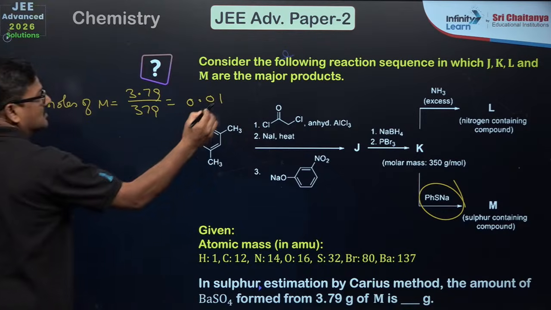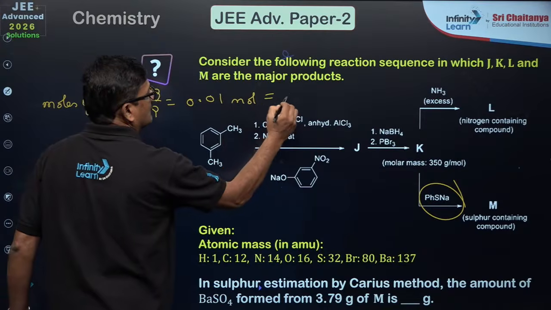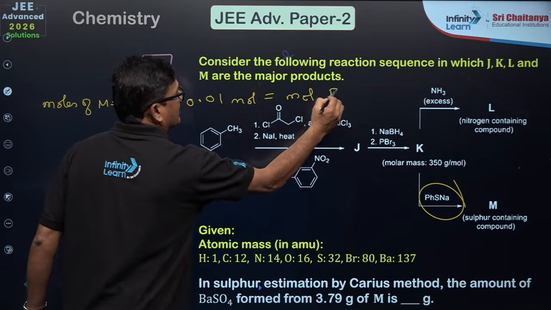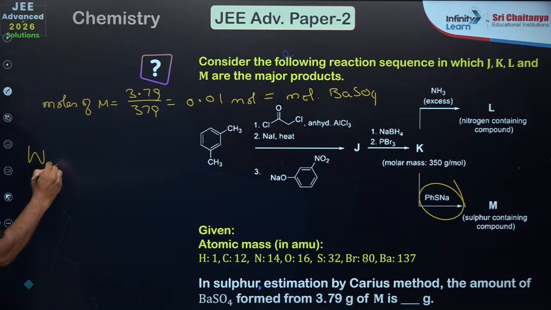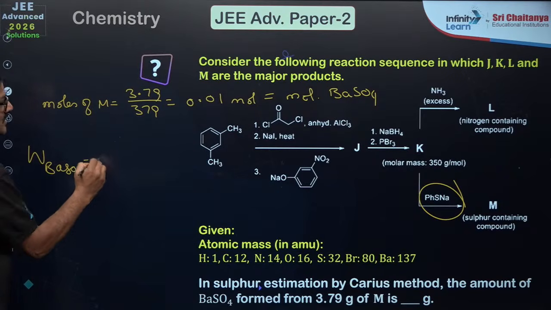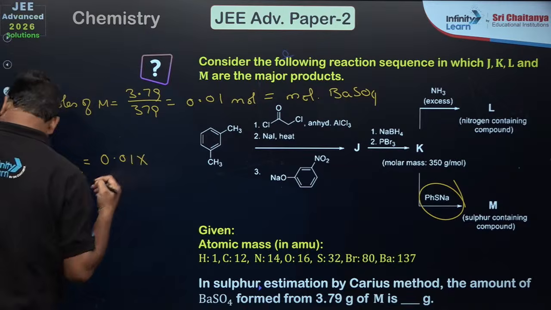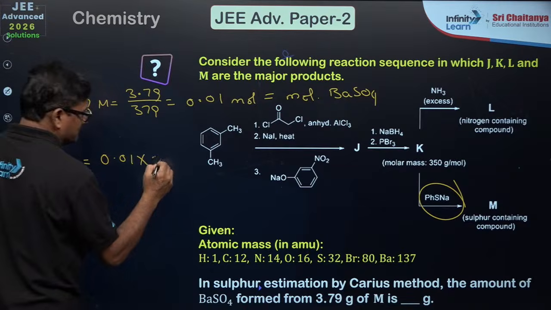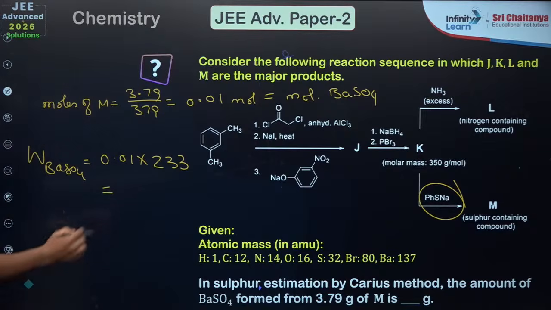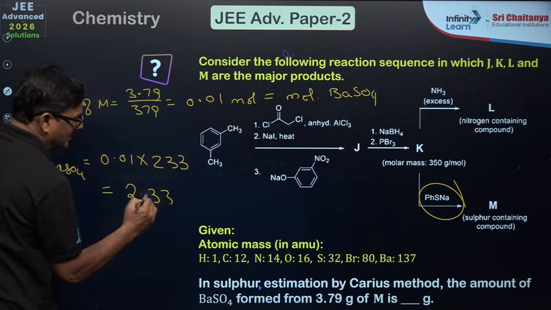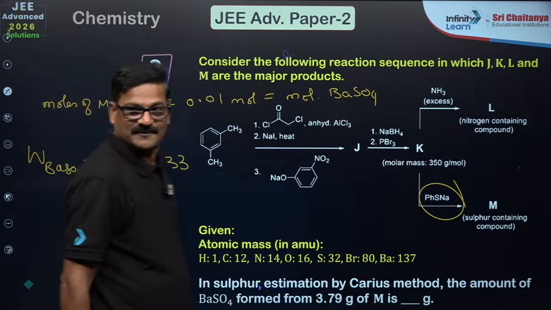That is equal to moles of barium sulfate. So weight of barium sulfate is going to be 0.01 into its molecular mass 233. So you are going to get 2.33 as the answer for this question.